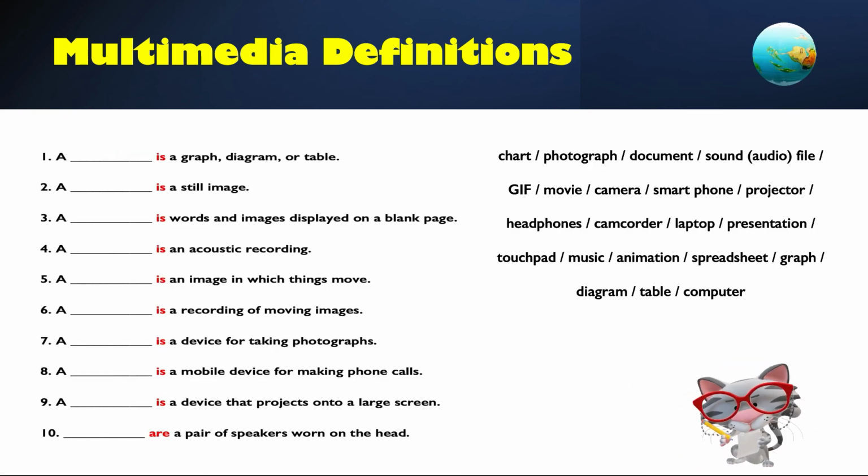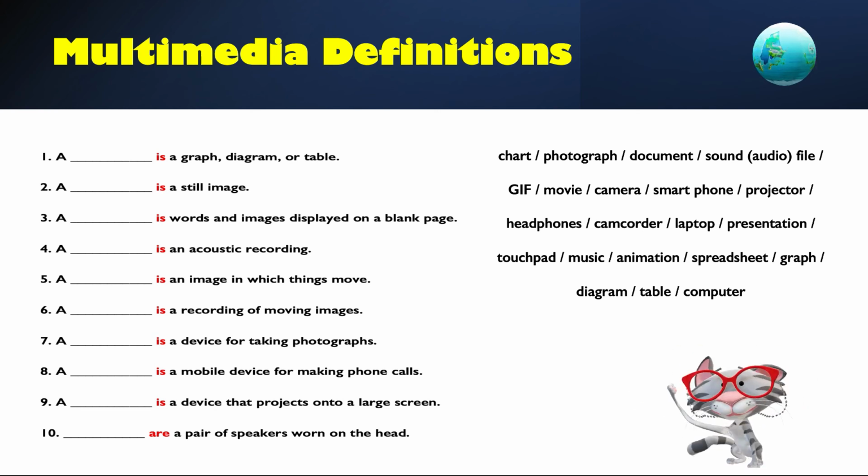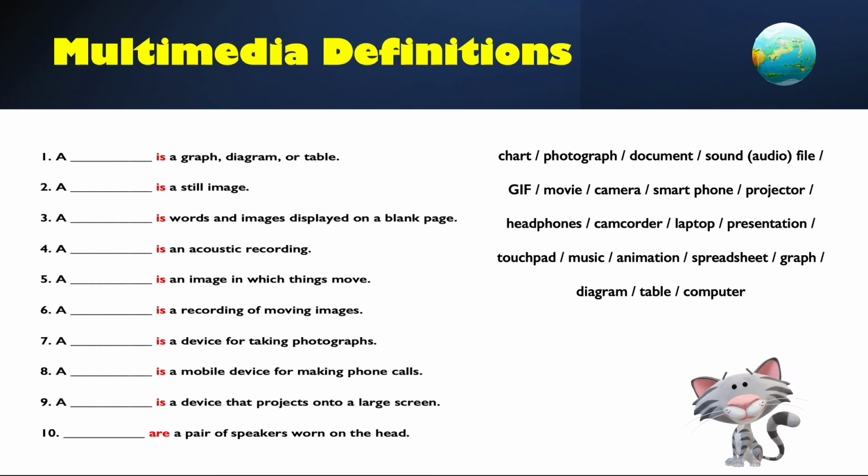So we're going to give you the first 10 definitions. So Younghee, are you ready? Yes. Give me a moment. I'm really focusing. So we've got the 10, just the first 10. Yes. So number 1, what is a graph, diagram, or table?